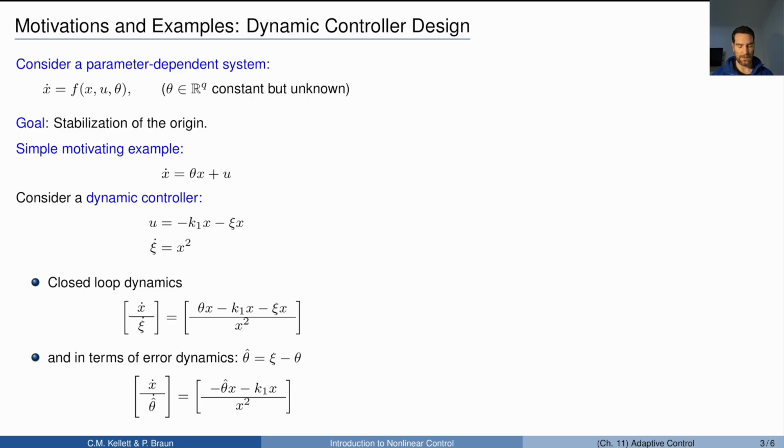Well, if we take the derivative, we get theta hat dot is equal to psi dot, and since theta is assumed to be constant, the derivative is 0, which means we have theta hat dot is equal to psi dot is equal to x squared.